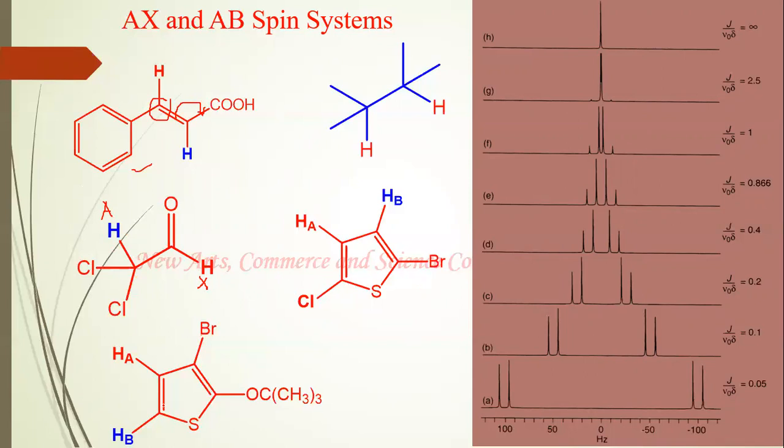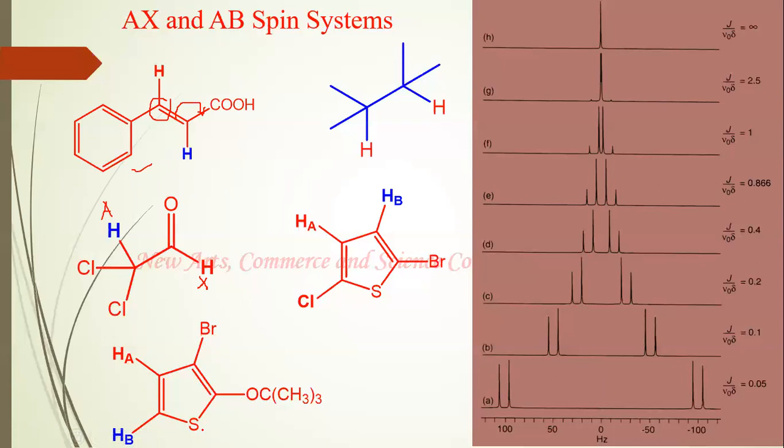Look at these two examples where the two protons are present on a heterocyclic ring system, but the protons have somewhat close chemical shift values. So this Ha proton and Hb proton: due to the sulfur electron donating resonance effect, this Ha will be comparatively shielded, and this Hb will be slightly de-shielded because it is attached to the sulfur atom.